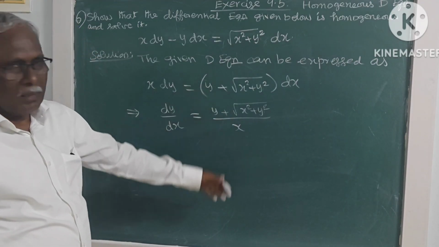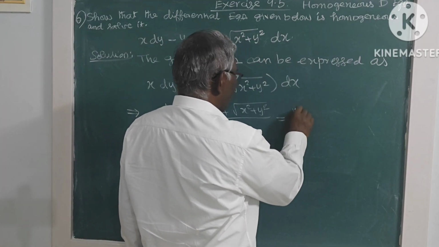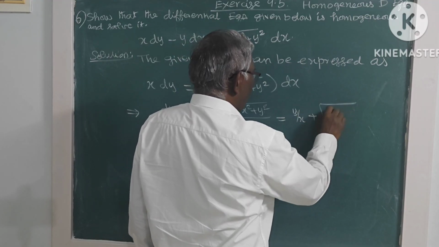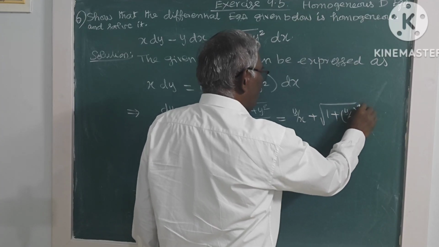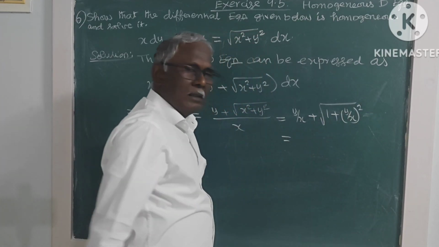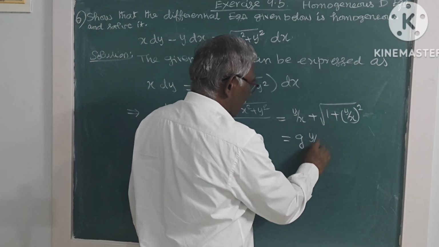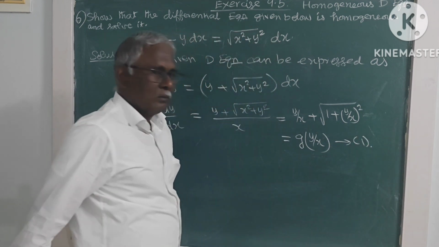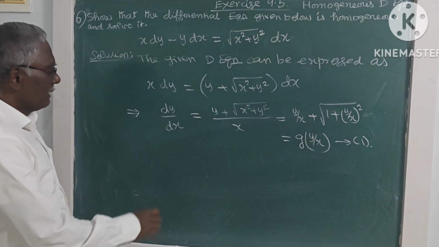Divide the numerator and the denominator by x. We get y by x plus square root of 1 plus y by x whole square. So this is in the form of g of y by x. Therefore equation 1 is homogeneous.